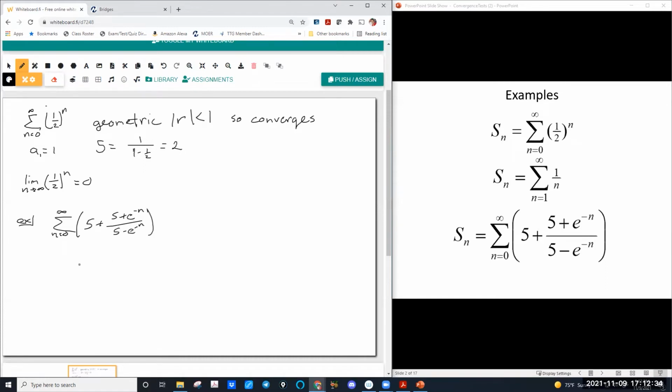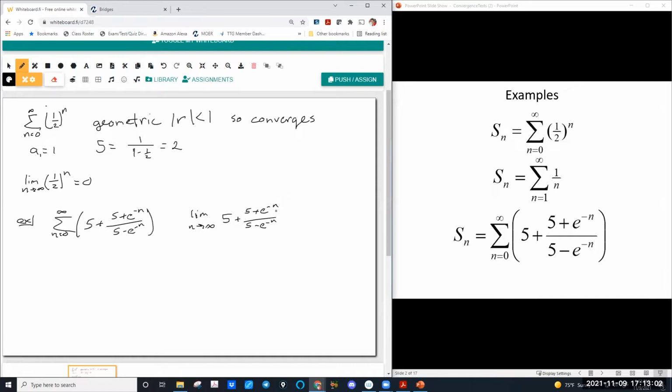And so what you do is you take the limit. Let's make that a little bit cleaner. You take the limit as n goes to infinity of just the sequence. You don't worry about the sum. (5 plus e to the negative n) over (5 minus e to the negative n).